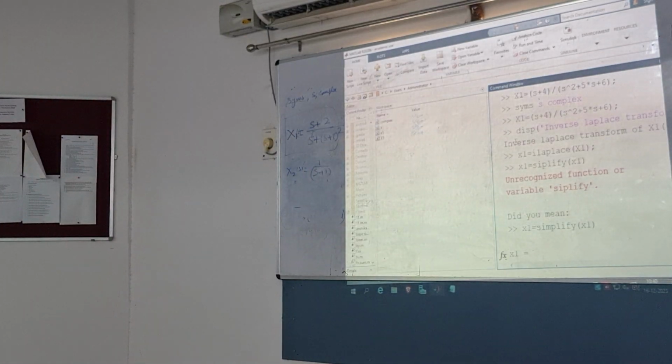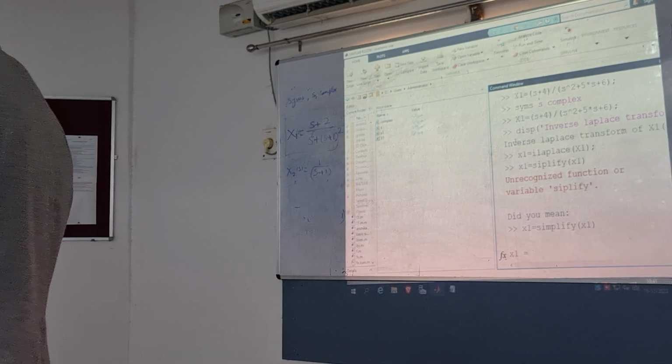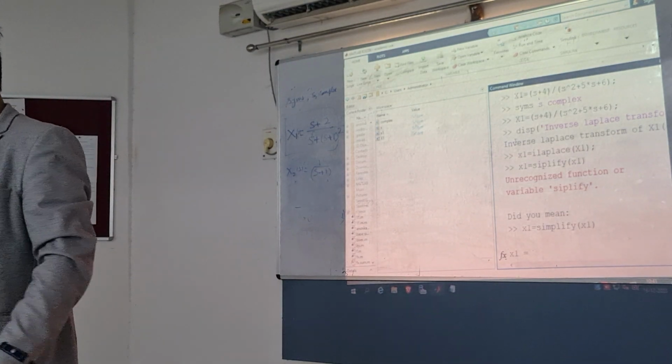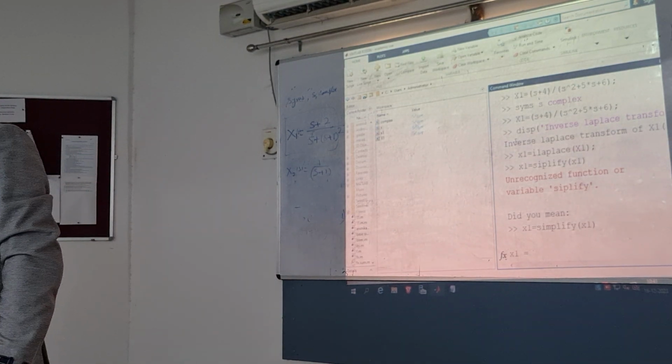There are various applications of Laplace transform you have studied. This is one more method to find out the inverse Laplace transform, the partial fraction method. This is the simplest way to find out the Laplace transform, by using the direct built-in command. You have studied the Laplace transform and inverse Laplace transform by using partial fraction expansion methods.